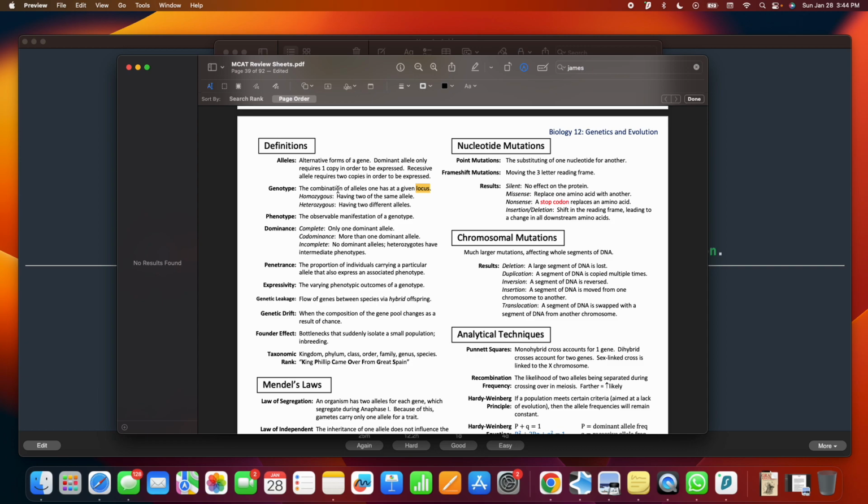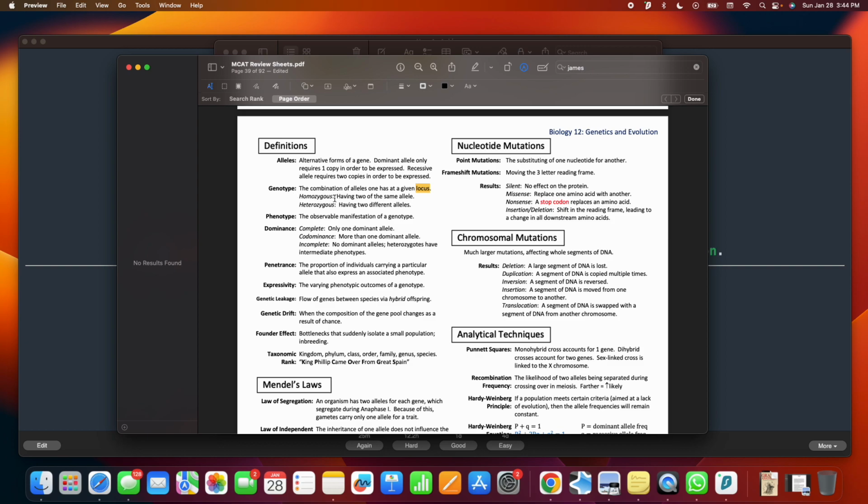So at a given, specific location on your genes, or basically your chromosome, the combination of those alleles is called the genotype.